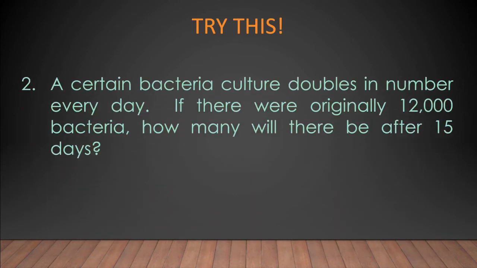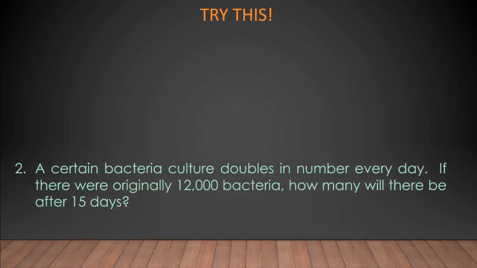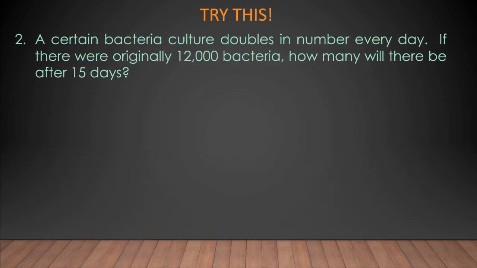Let's have another problem. A certain bacteria culture doubles in number every day. If there were originally 12,000 bacteria, how many will there be after 15 days? Okay, so let's identify the given.